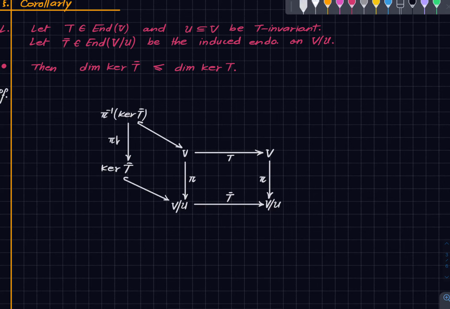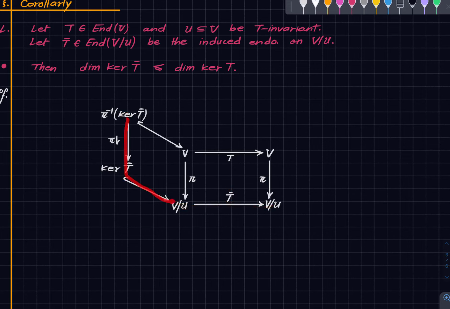All right, so here is one observation. If you pick something here and you go here, then you go here, and then you go here, what do you get? You go to the kernel of T bar, and then you go to 0 because you're in the kernel of T bar.